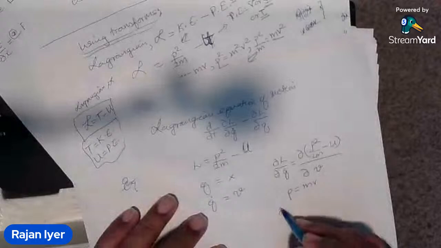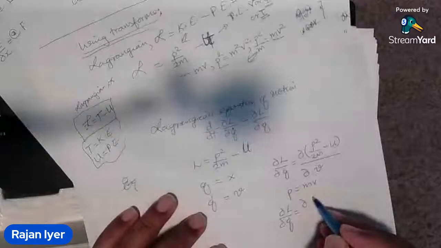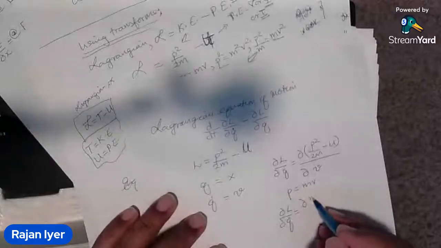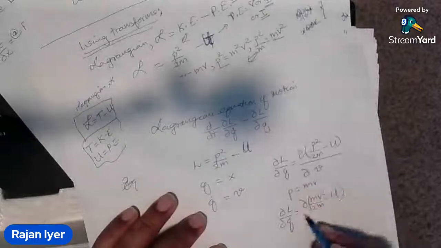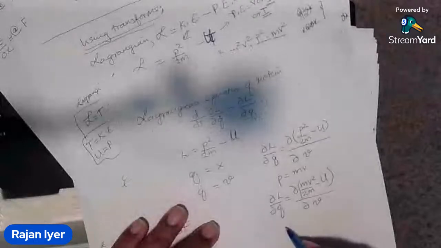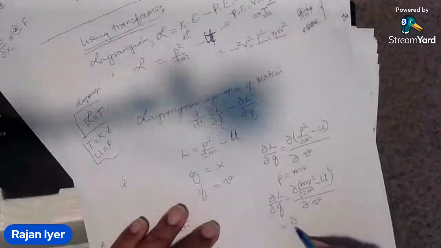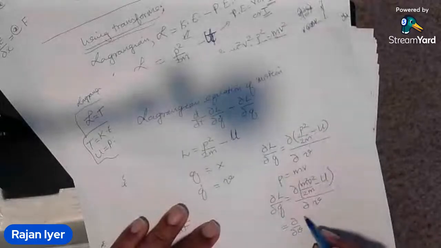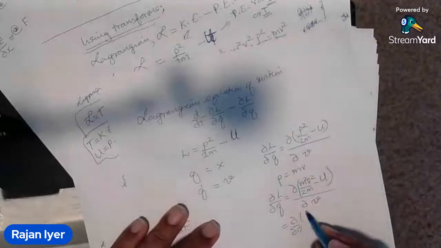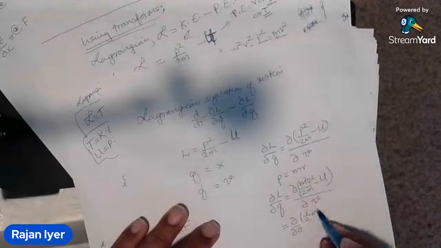Then del L over del Q prime is del over del v of half mv square, minus del over del velocity of u.